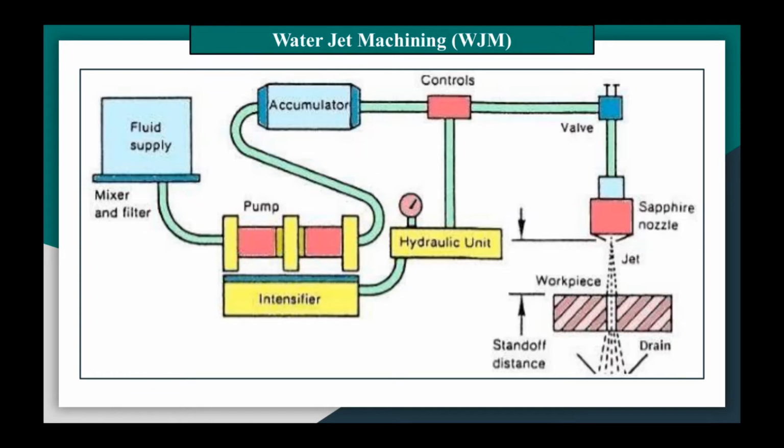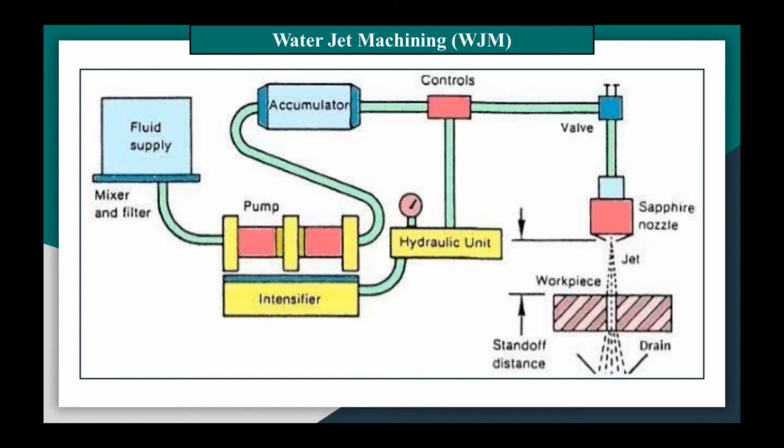This pressurized water is then discharged with the help of a small diameter nozzle that converts the pressure energy into kinetic energy, and the water jet that comes out of the nozzle possesses enough energy to slice polymeric or organic material. Here you can see how material removal happens, and thus water jet machining is commonly used in food, polymer, and leather industries. So this is the overview of the working principle of water jet machining.